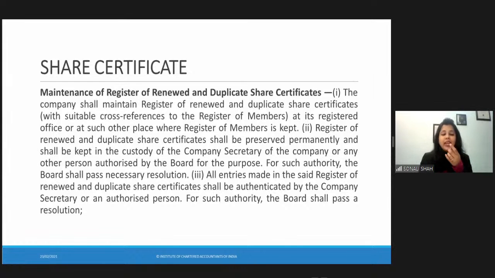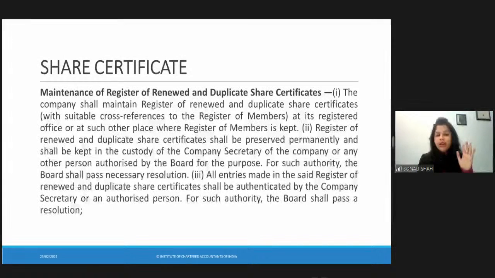Now, maintenance of register of renewed and duplicate share certificates. Whenever a company issues a renewed or a duplicate share certificate, there will be an entry in the register with cross-referencing in the register of members.